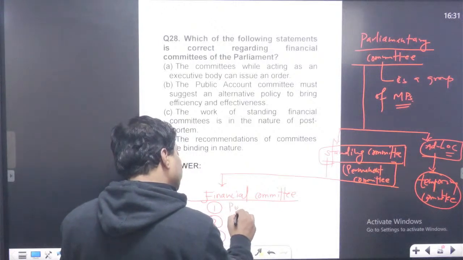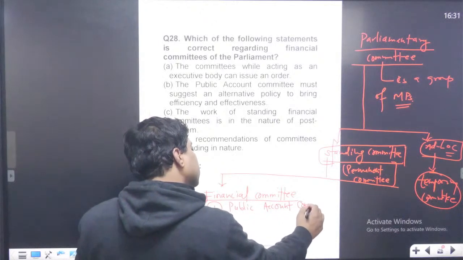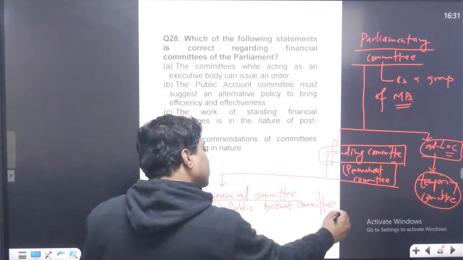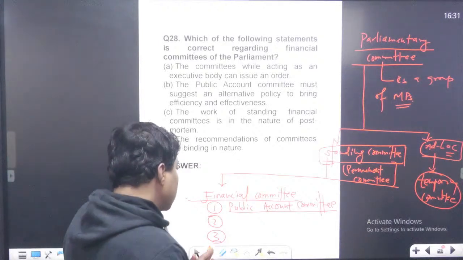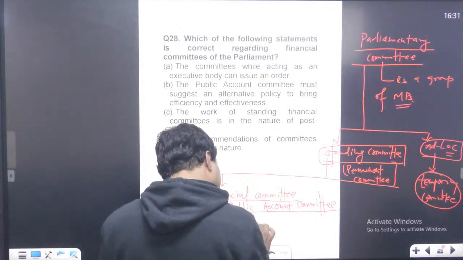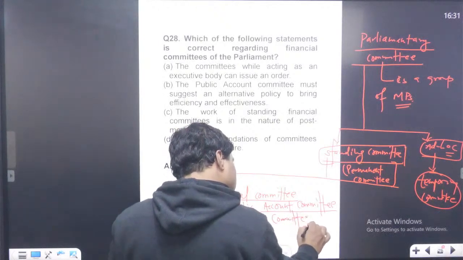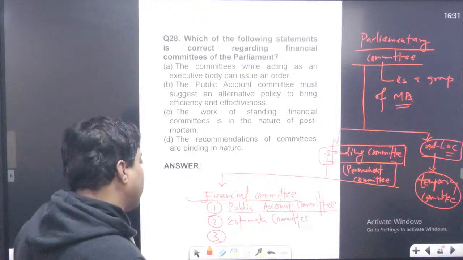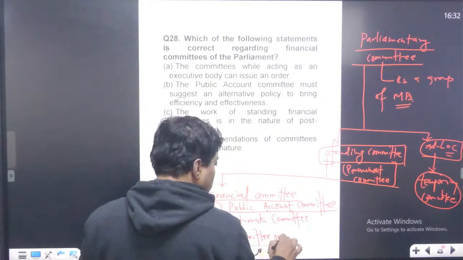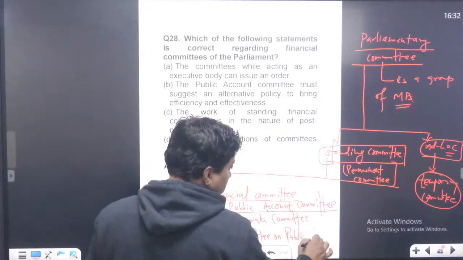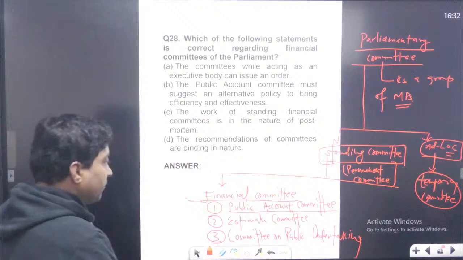One is the Public Accounts Committee, which is the first financial committee. Second is the Estimates Committee. And third is the Committee on Public Undertakings. These are all financial committees.